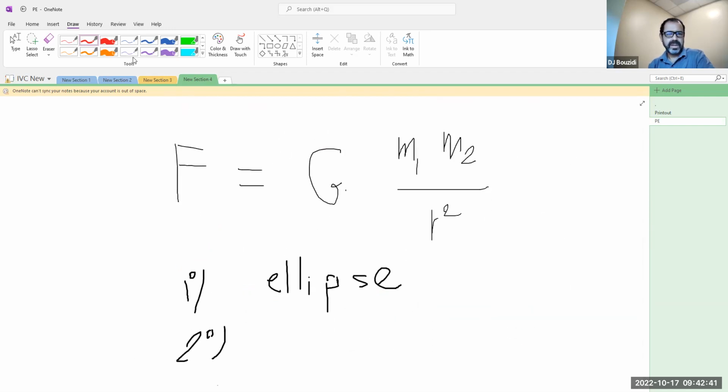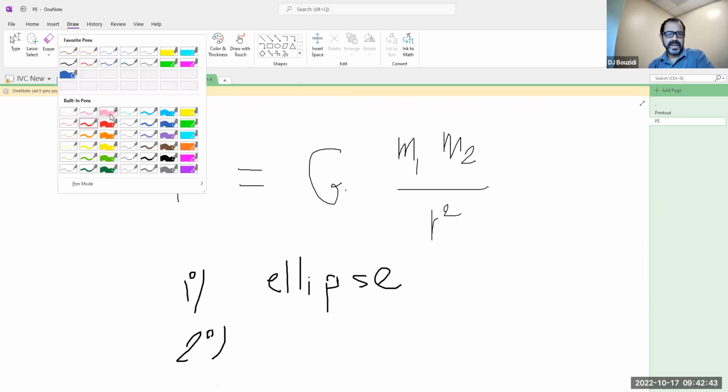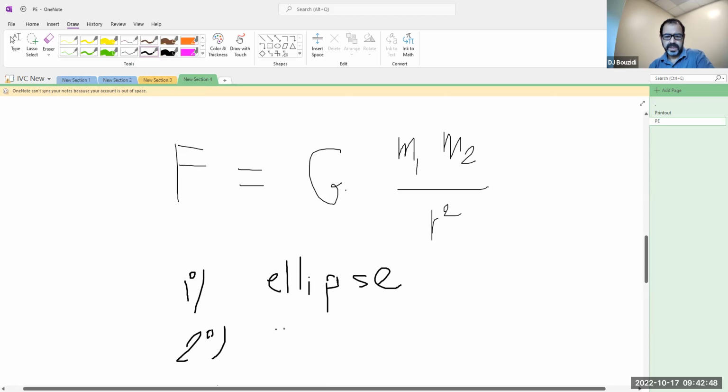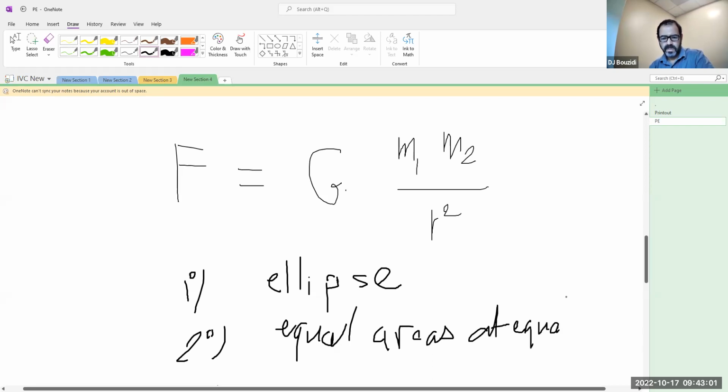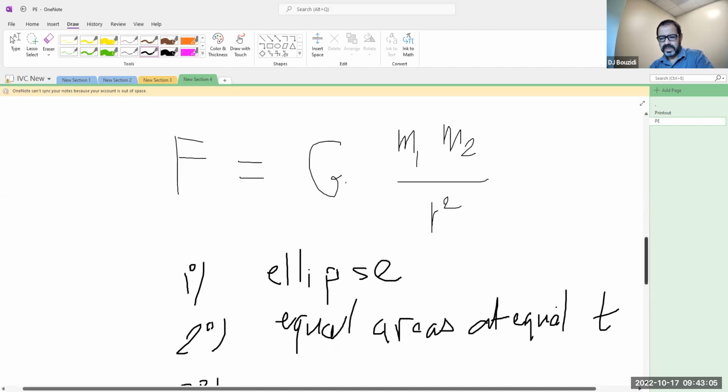So again, the second law is that the planets sweep equal areas in equal amounts of time.